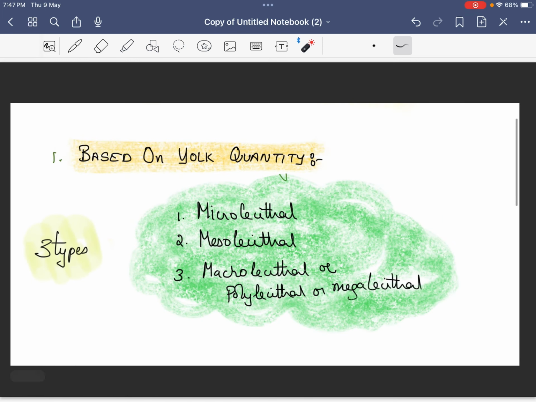Based on yolk quantity, eggs are divided as microlecithal, mesolecithal, or the third type, macrolecithal. You can also call it polylecithal or megalecithal. So there are three different types of eggs classified on the basis of yolk quantity.